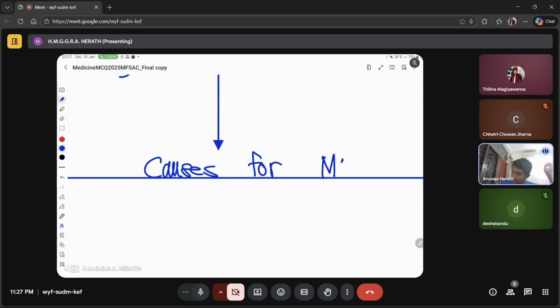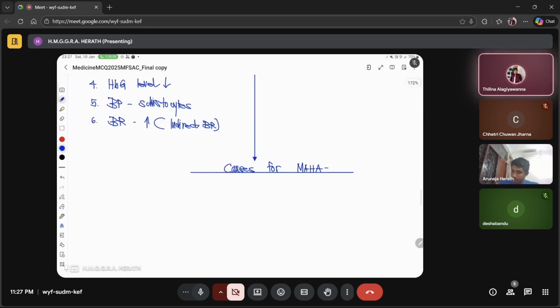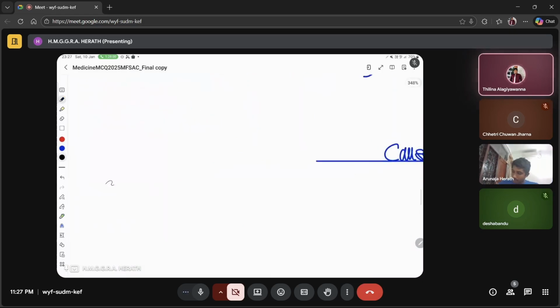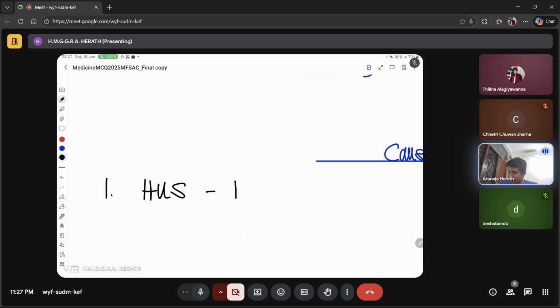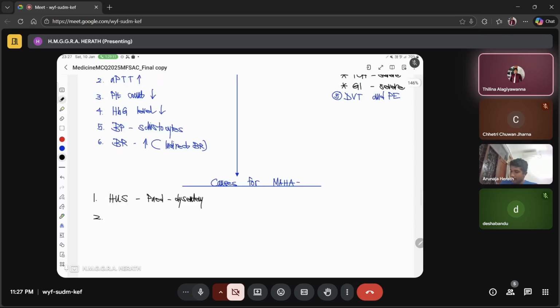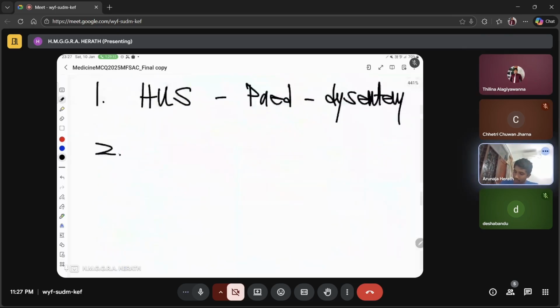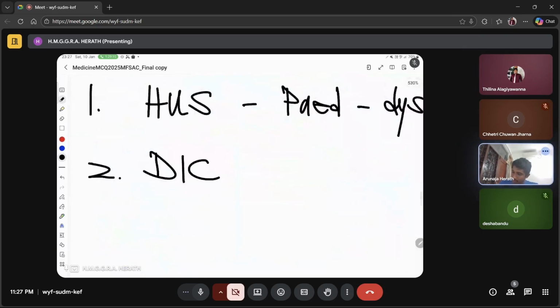And the causes for MAHA are many, right? What are the causes for MAHA that you know? Hemolytic uremic syndrome in pediatric patients with dysentery. What else? Sepsis will lead to DIC.